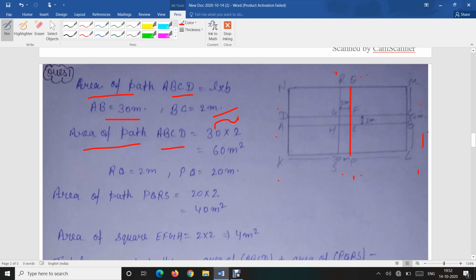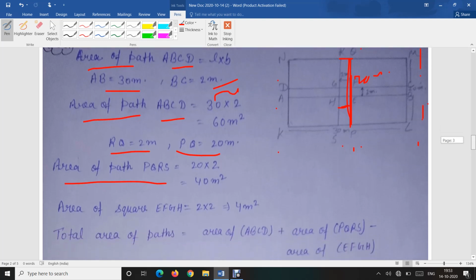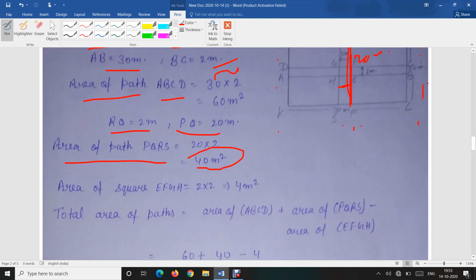That means if this is 20 meter, then this will also be 20 meter. Width is the same, which is 2 meter, that means the length is 2 meter here. So you can say that RQ is equal to 2 meter, that means this portion, and PQ is 20 meter. You have to apply the same formula for the area of path PQRS, which is equal to length multiplied by breadth, because this is also in rectangular form, and length multiplied by breadth is 20 multiplied by 2, which is equal to 40 meter square.